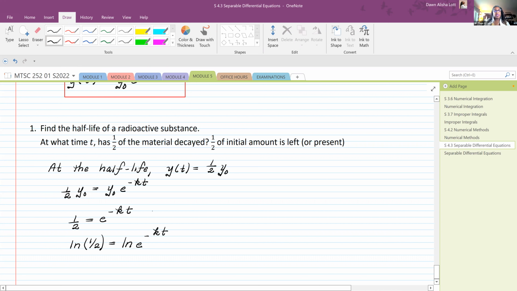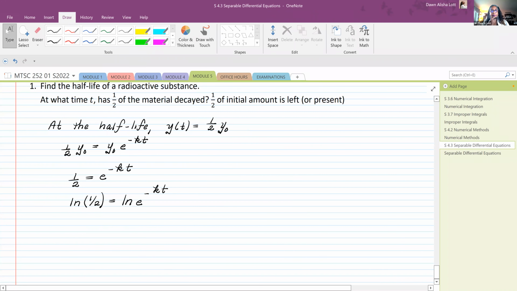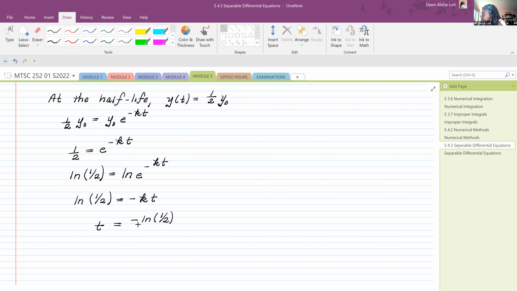So what happens when I take the log of e to something? You just get the exponent. So I get the log of 1/2 is equal to negative kt. So I get that t is equal to negative log of 1/2 divided by k.